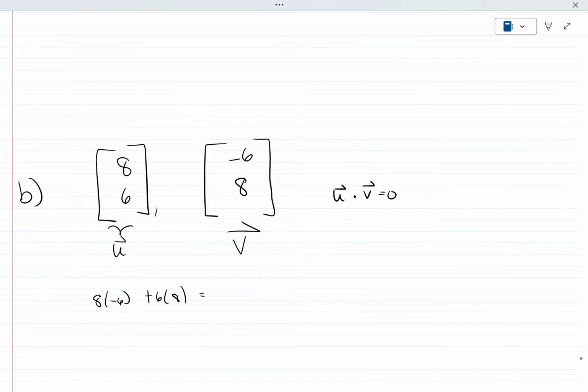That gives you -48 plus 48. It does give you 0. So yes, it is orthonormal. I mean, not orthonormal, orthogonal. So the next part says if it is orthogonal, is it normal?